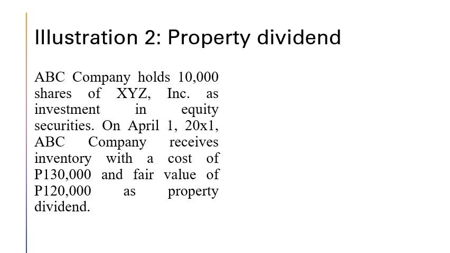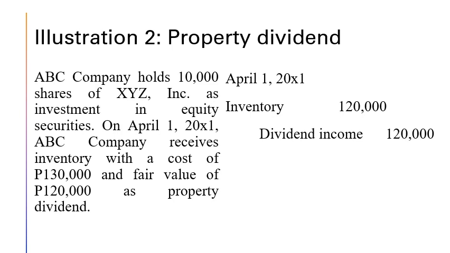As we have discussed in the previous slide, when we record dividend income resulting from a property dividend, we should record the property at the fair value of the property and credit, of course, dividend income. So our journal entry on April 1 would be debit inventory 120,000 and credit dividend income 120,000.